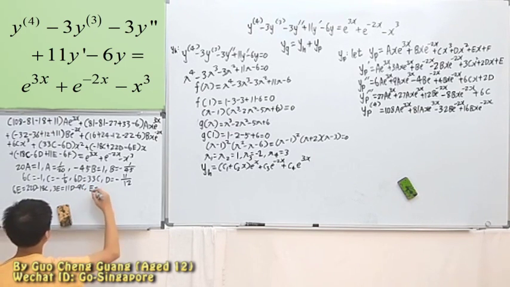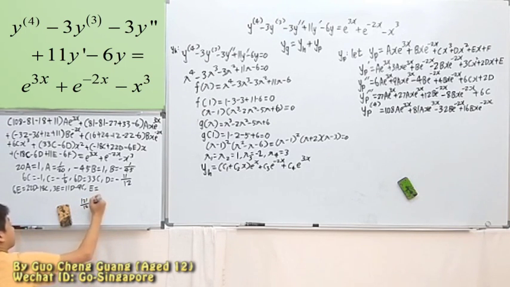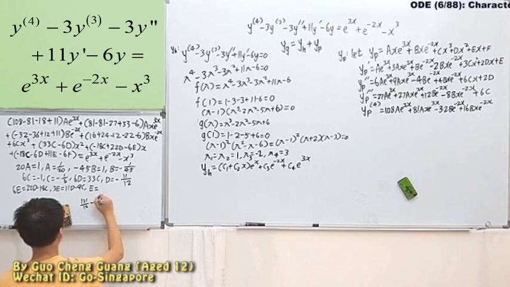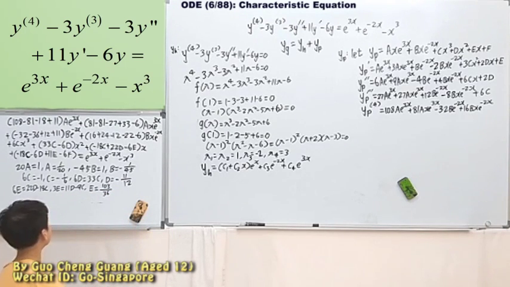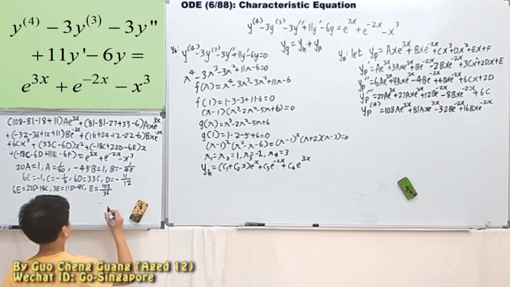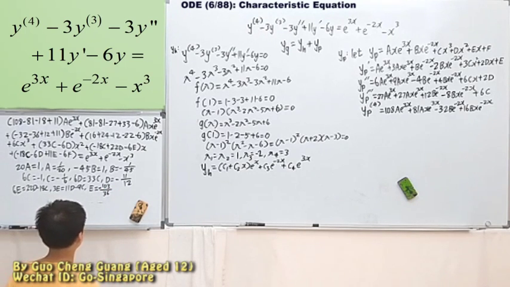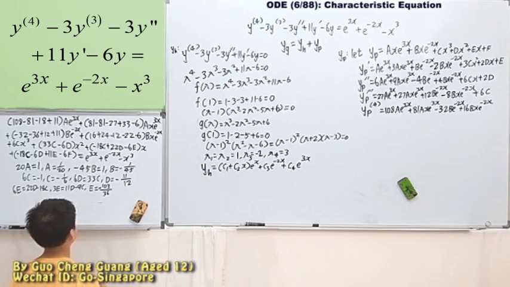So E. But for this part, okay, so E is, here's a negative, so E is negative 103 over 36.